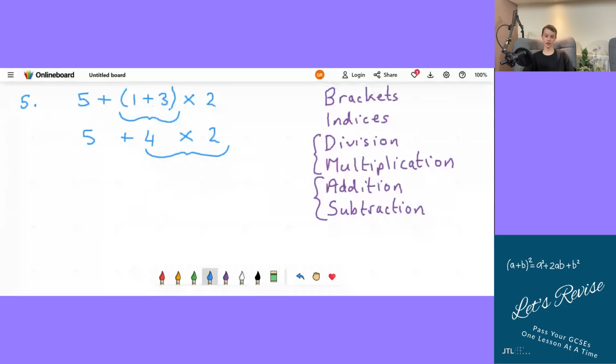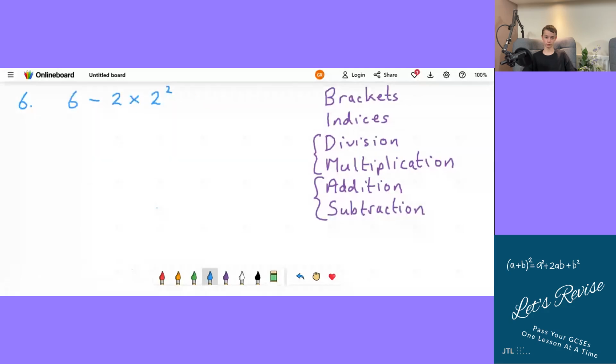So the addition will have to wait. It's 4 times 2 next, which is 8. Now, we just have the addition left, which is 5 plus 8. Well, it's 13. So, that's simple. I hope that has helped you.